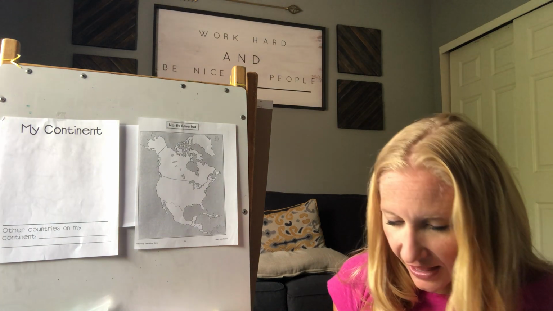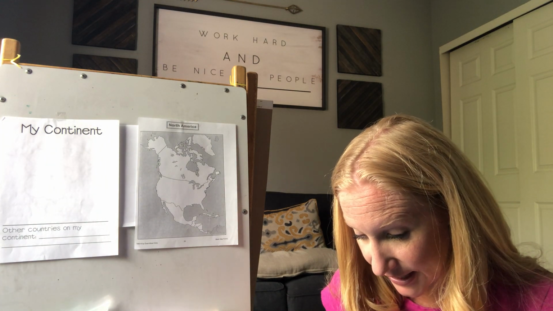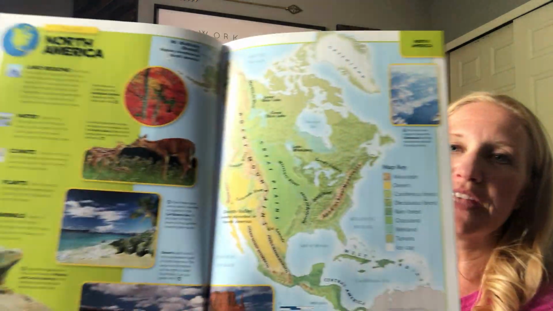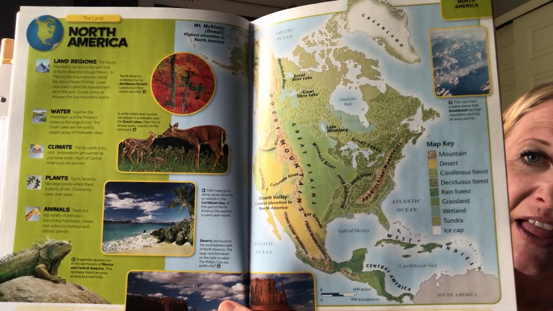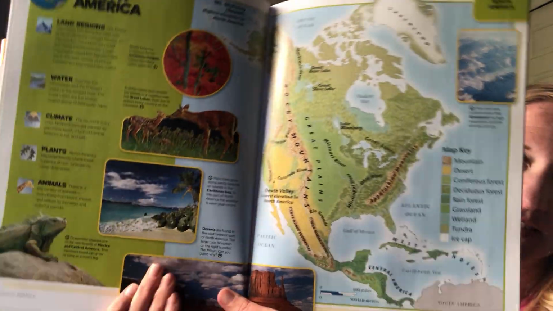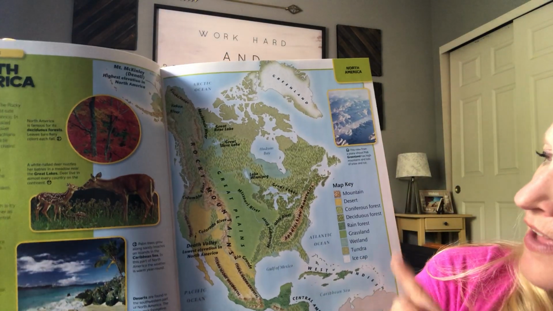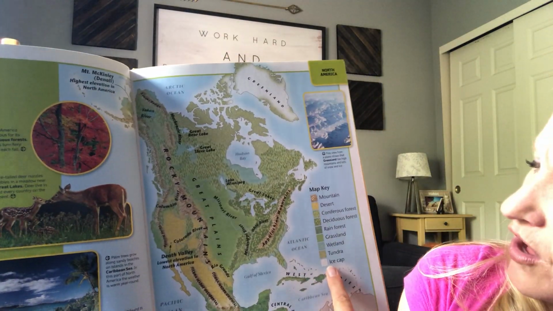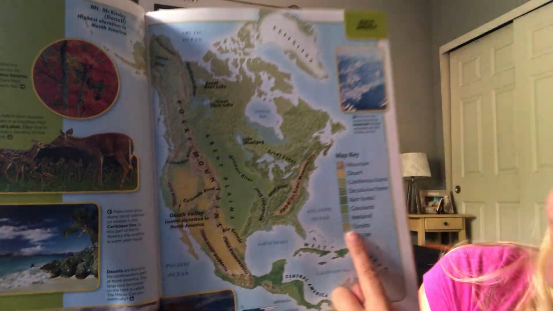So I'm going to show you some pictures in here to give you some ideas. This is a close-up of North America and what it looks like and all the different things that make up North America. Over here on this chart, these are the different parts of the land.